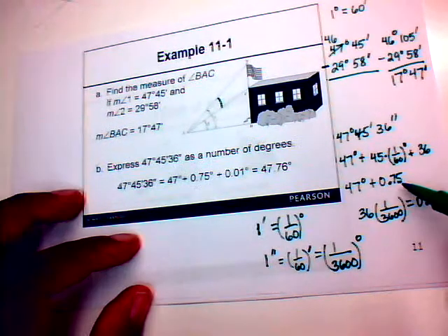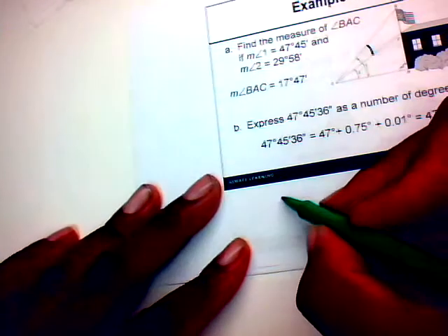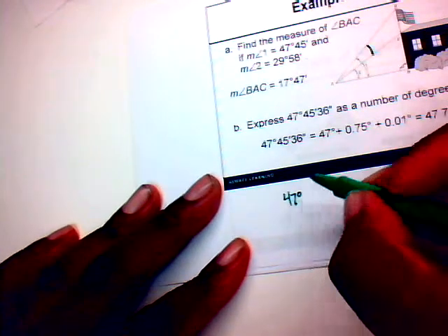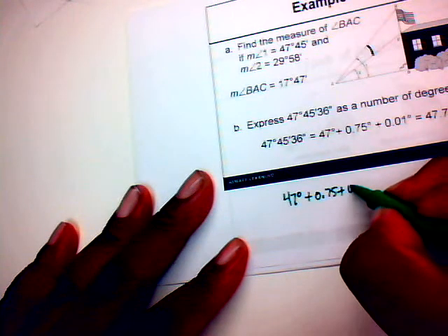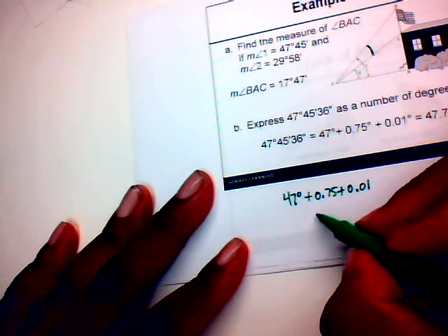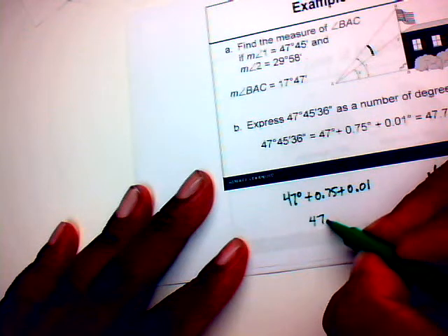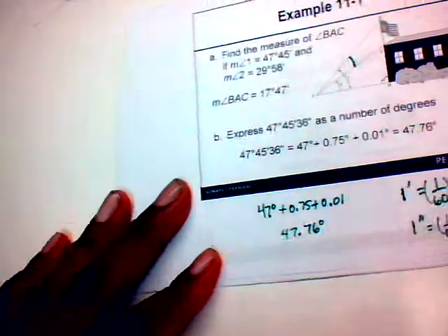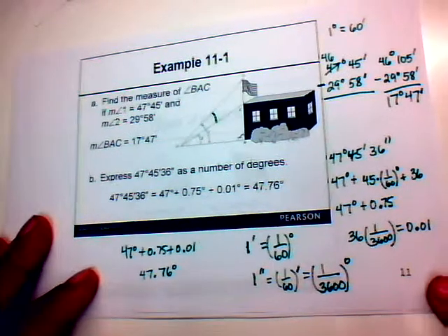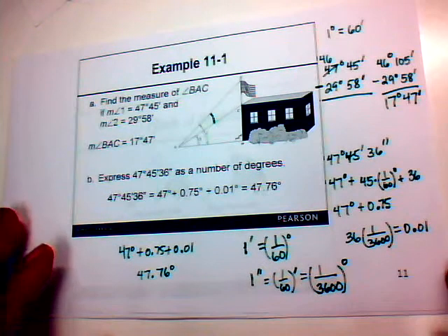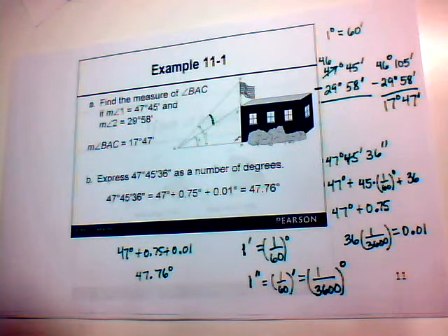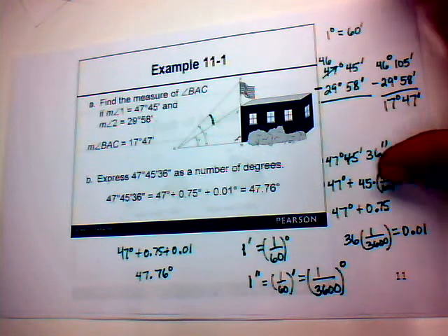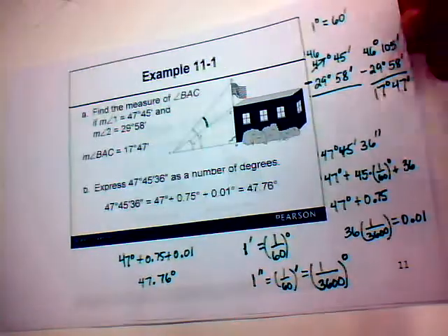Then 0.75 plus 0.01, which will give you 47.76 degrees, which is exactly what I have here. Okay, so we can think of 1 second is 1 over 3600 of a degree.